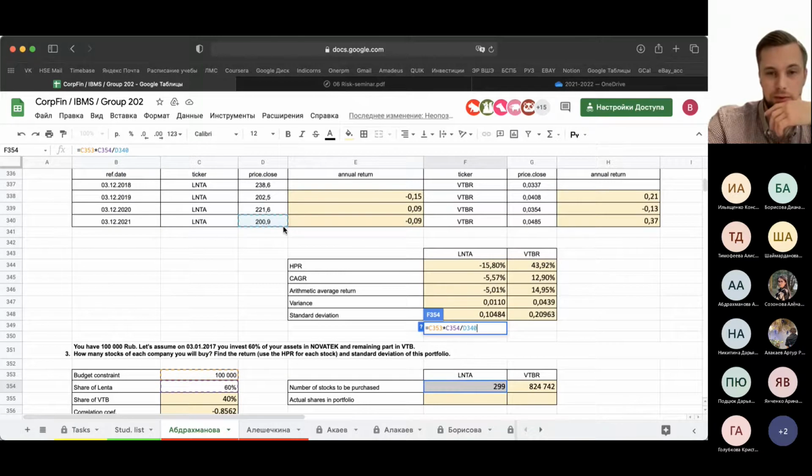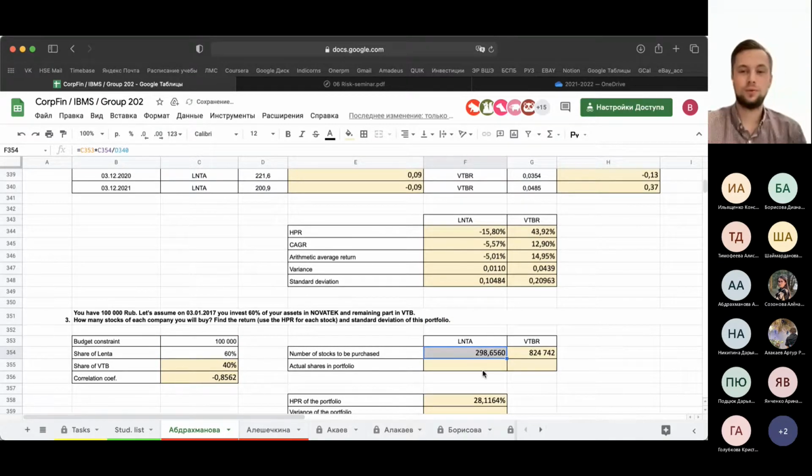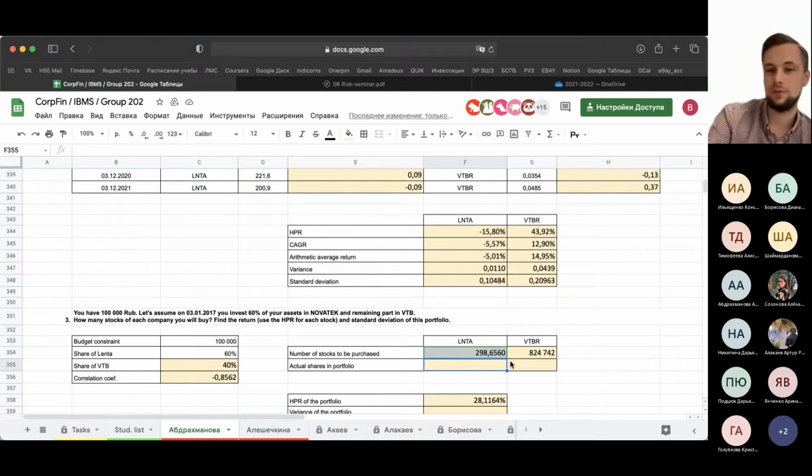You are right, but if we look at this number, we see that it's not an integer number. So we cannot buy 298 shares and some parts. We can buy only integer numbers of shares.